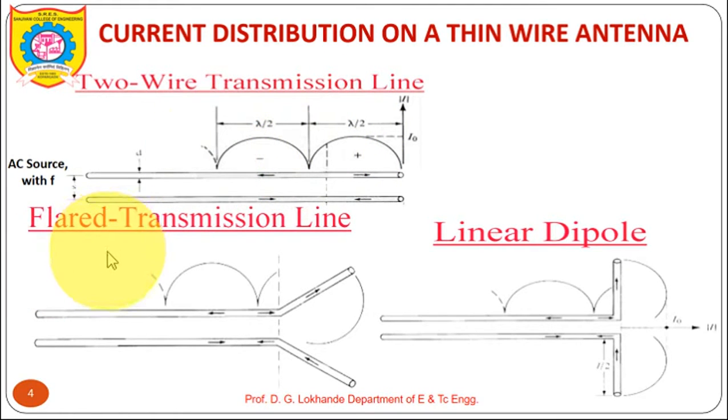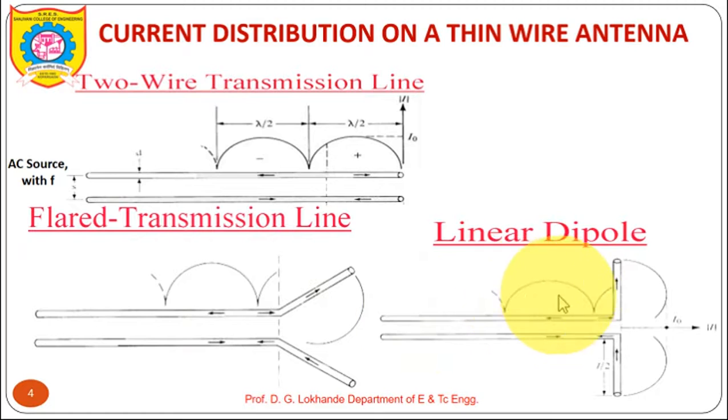In a flared transmission line, the end of the line is opened up a little bit, and the forward and reverse waves will travel, and according to that some standing wave ratio will be generated.